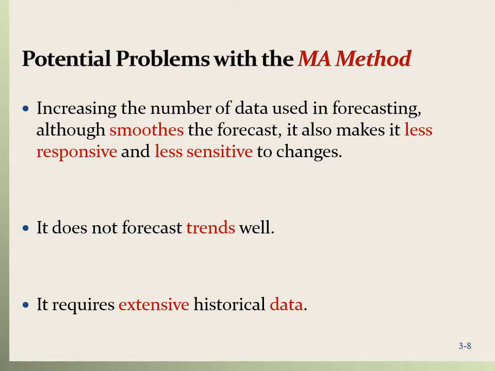For example, a 3-period moving average would require the last 3 periods of historical data, or a 10-month moving average would require your last 10 months of historical data. If you don't have extensive historical data, then you cannot really use this method.